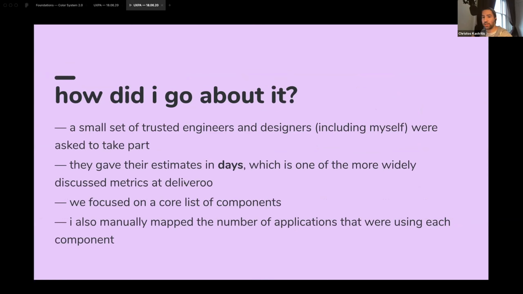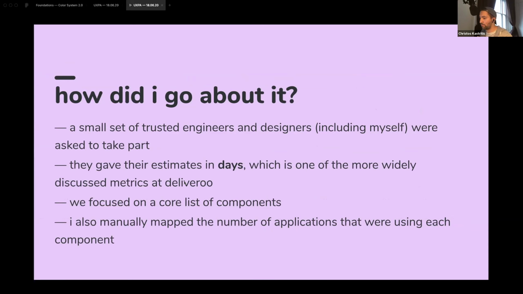And so, what I did personally, and this might not work for you, is I gathered a smaller set of trusted engineers and designers, and they gave their estimates of building components in days, which is one of the more widely discussed metrics at Deliveroo. Normally you might hear engineering hours or engineering days.